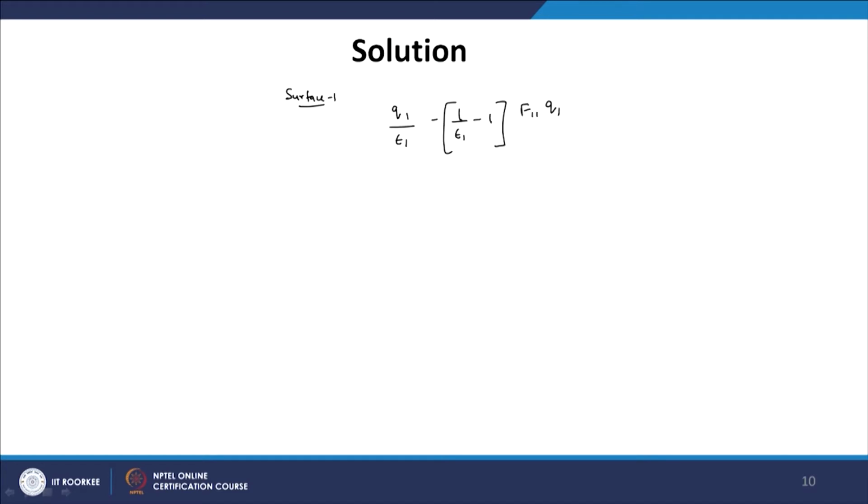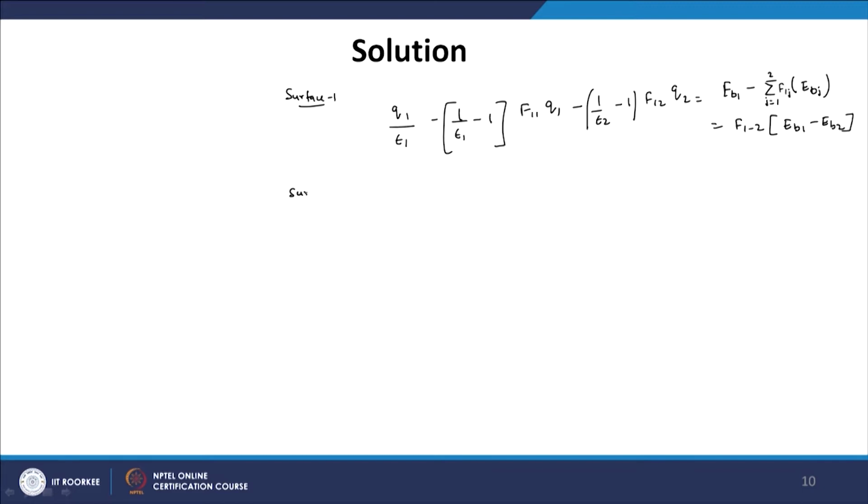Then minus (1 over epsilon 2 minus 1) F 1 2 q 2 is equal to E b 1 minus summation j equal to 1 to 2 of F 1 j E b j. Or this can be just written as F 1 2 (E b 1 minus E b 2). Okay. So, this is for surface 1.